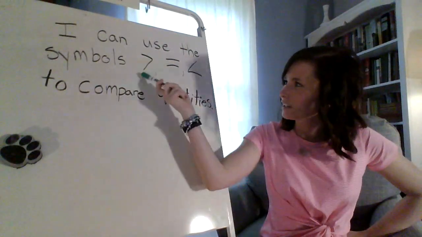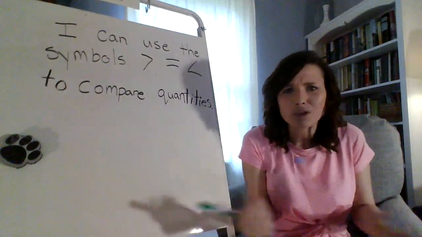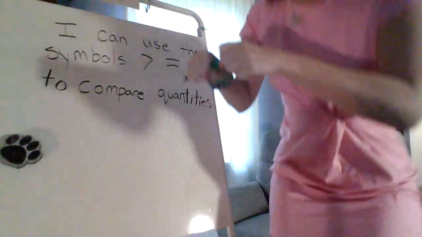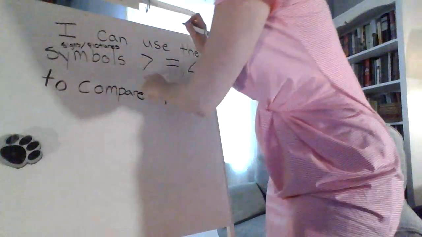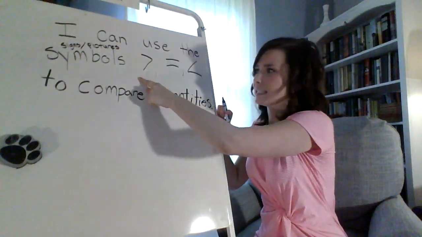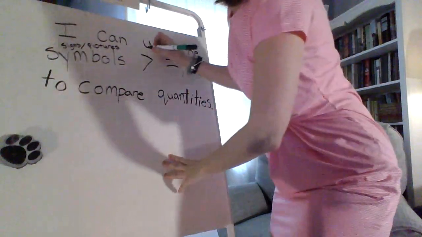Symbols. What do these kind of look like to you? They're kind of like signs or little pictures, right? So we could say symbols could be little signs or pictures. And let's go over these. This symbol, this little picture, is the greater than. I'll write it above.